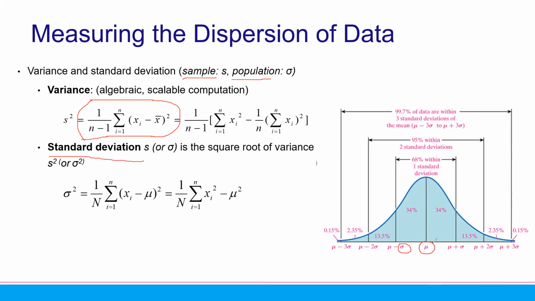Okay, so this is the mean from the population. We can have one standard deviation. This is the range, or 2 multiplied by the standard deviation, or 3 multiplied by the standard deviation, or we call it like 6 sigma.